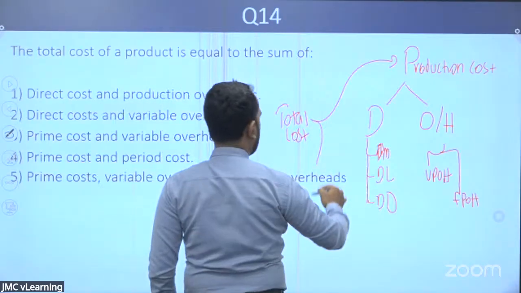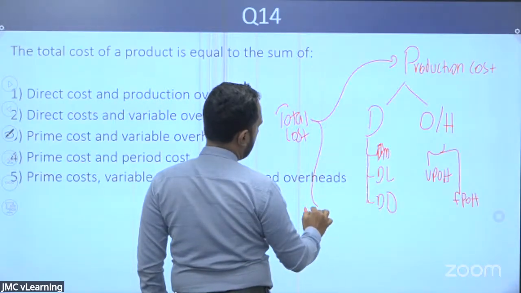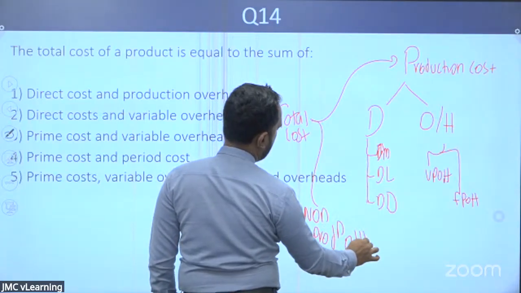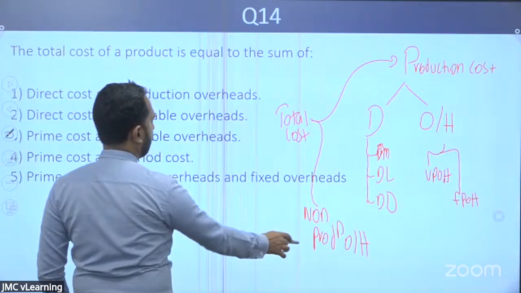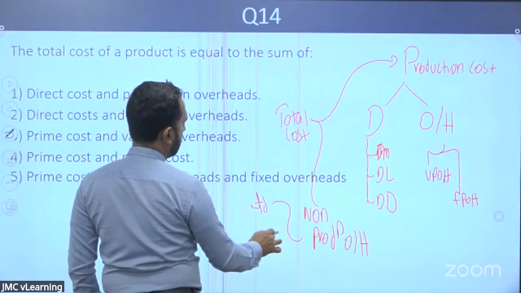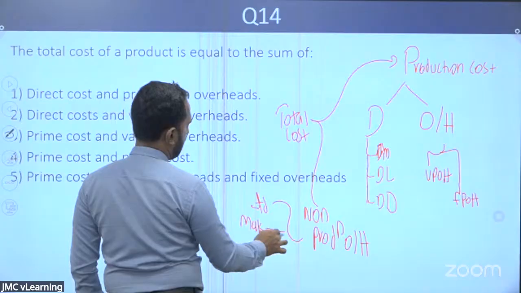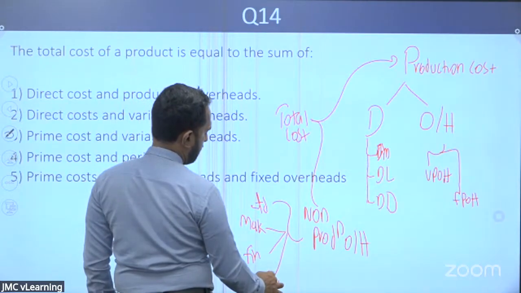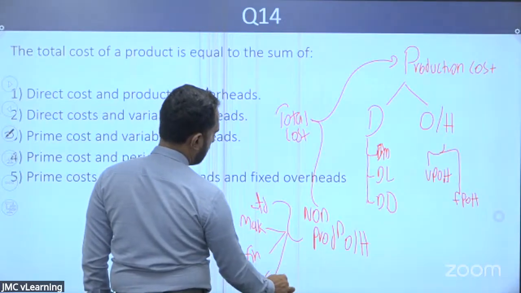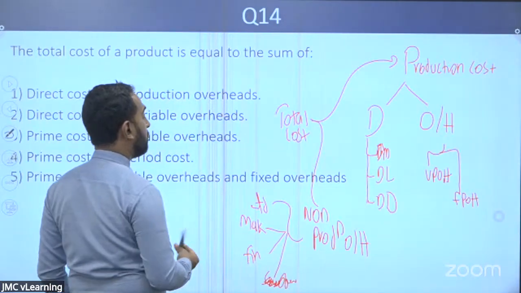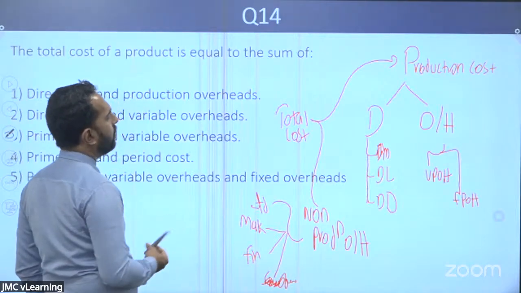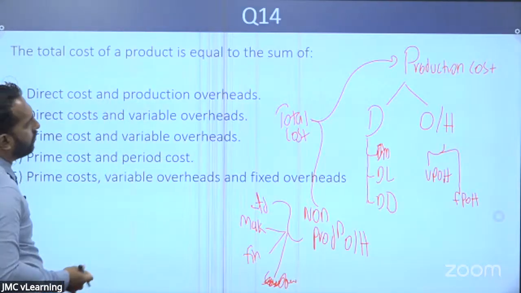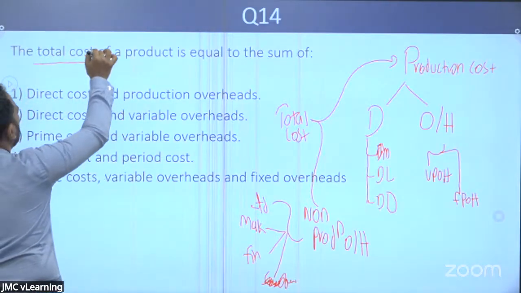Then there are some other overheads, non-production overheads, that we need to factor in here: the administration cost, marketing, finance, sales, marketing relevant expenses, other expenses. So here you might think, okay, direct cost and the production overhead, but here it's not the total production cost, it's the total cost.